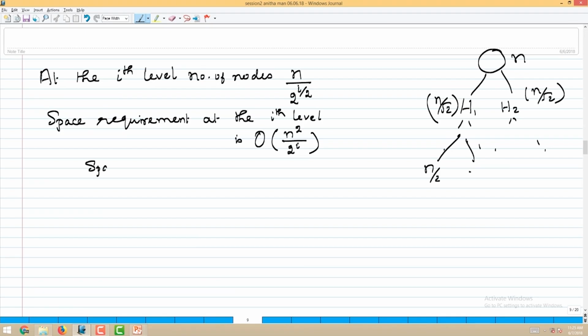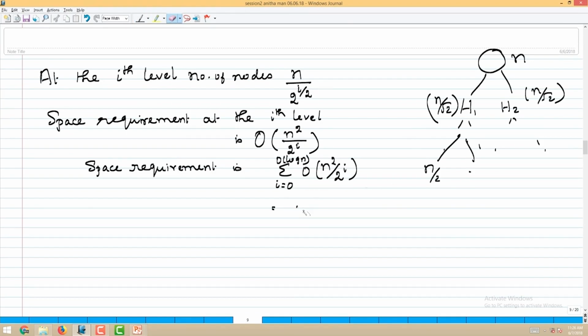So, space requirement is the sum, i varies from 0 to order of log n, the height of the tree is log n only, correct. So, I can write the sum over order of log n levels of order of n square by 2 power i, okay. So, when you do the summation, it is, one minute.